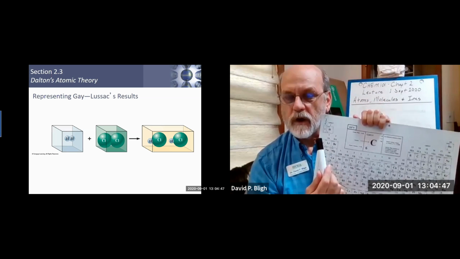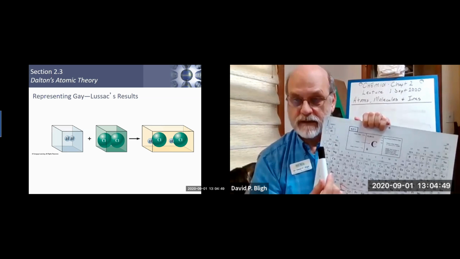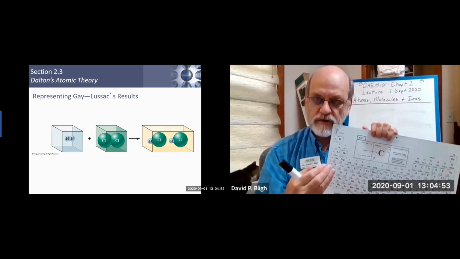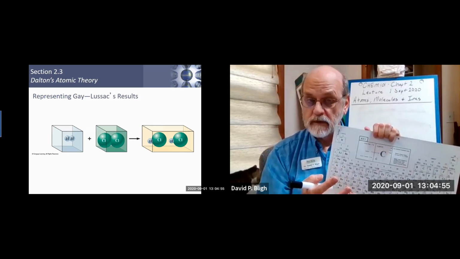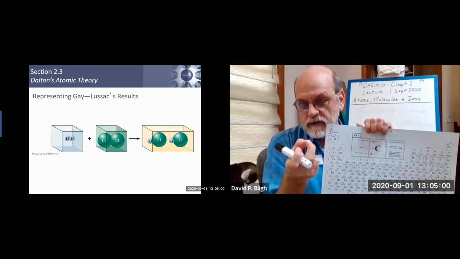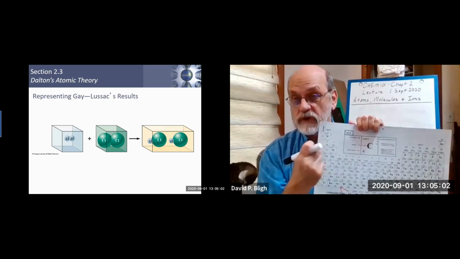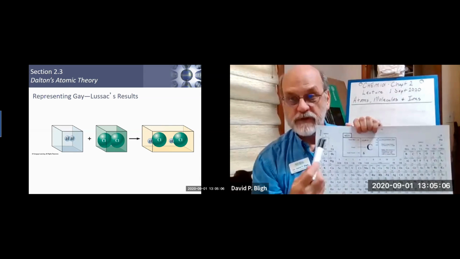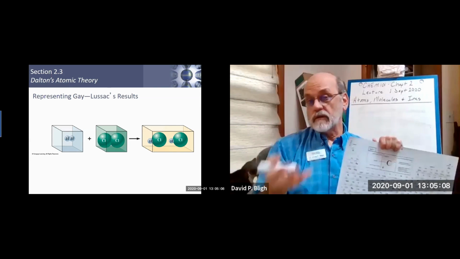Those are always diatomic. That is, the element at room temperature and pressure, 1 atmosphere pressure, will always have two atoms attached to one another.